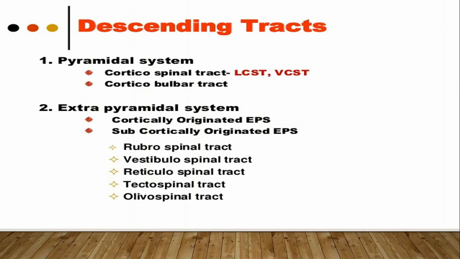The medial system consists of the pontine reticulospinal tract, the medullary reticulospinal tract, the lateral and medial vestibulospinal tracts, and also the tectospinal tract. These are the classifications on the basis of the lateral and medial systems according to Berne.